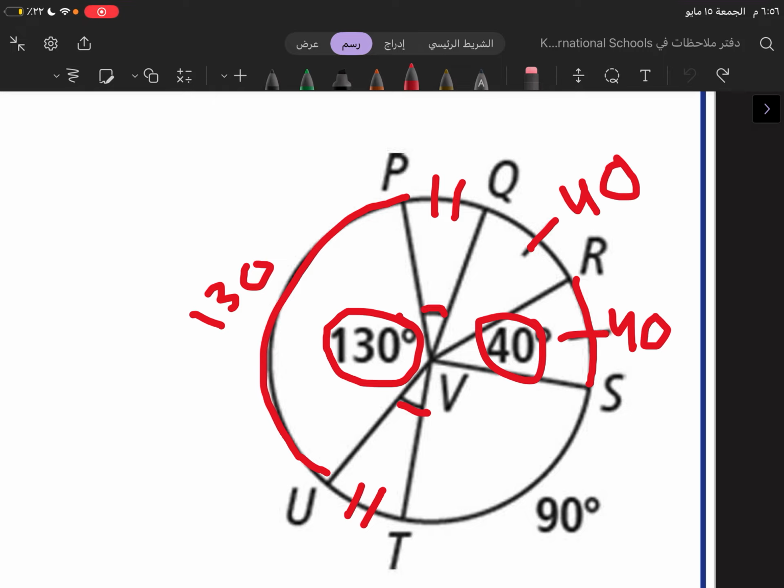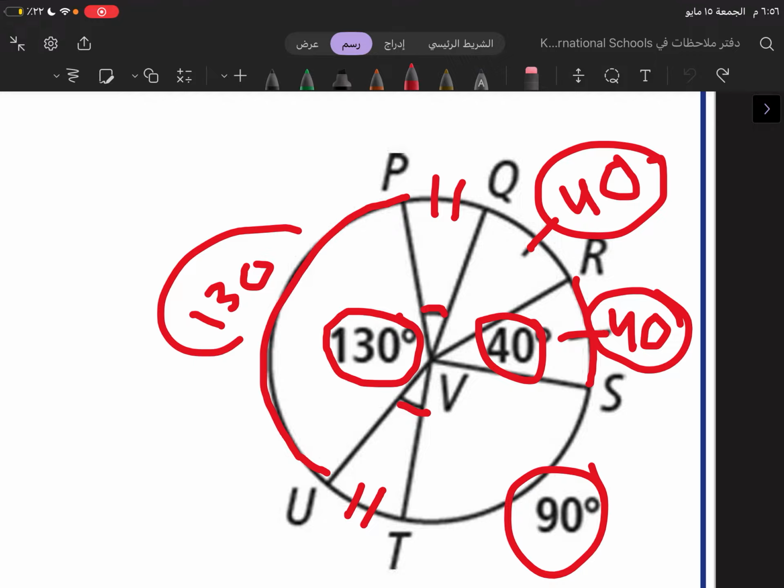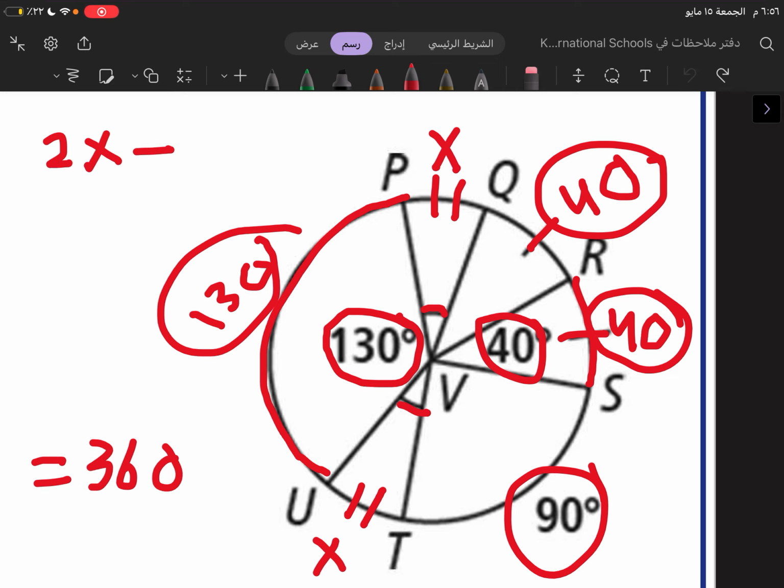So we have 90, 40, 40, 130 plus x, which is 2x, must equal 360. So we add all these angles. If you help me and add them, please: 80 and 90 is 170, 200, 300. So 2x equals 60, x equals 30. Okay, is that clear?